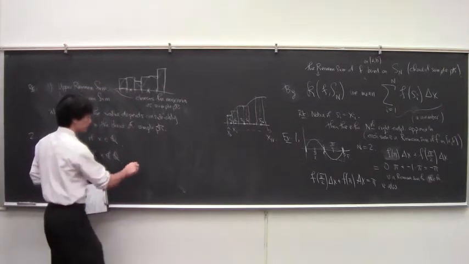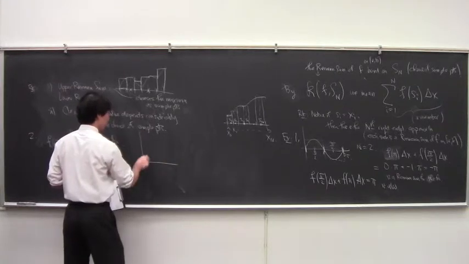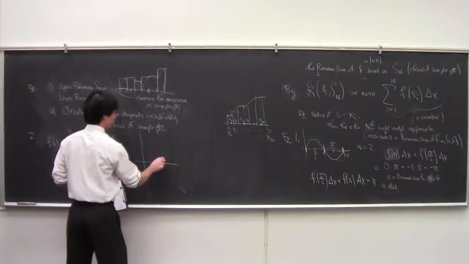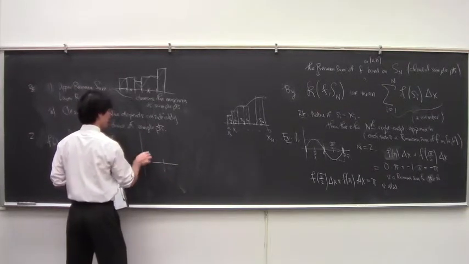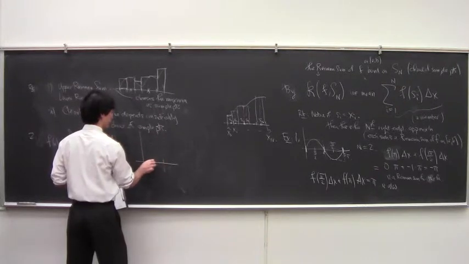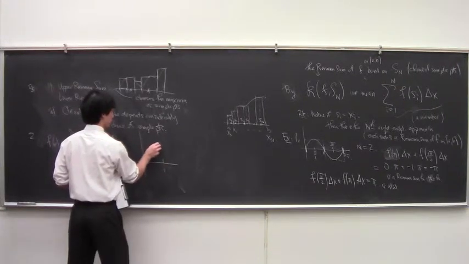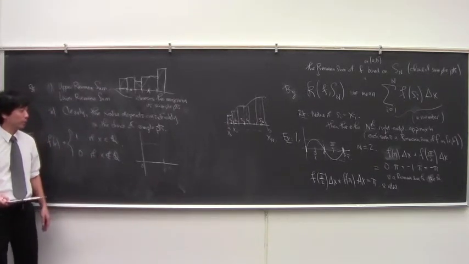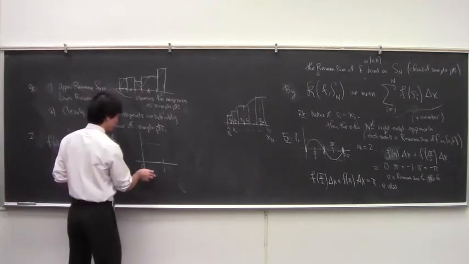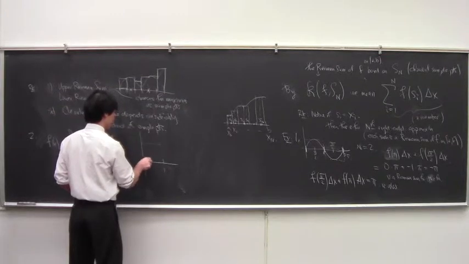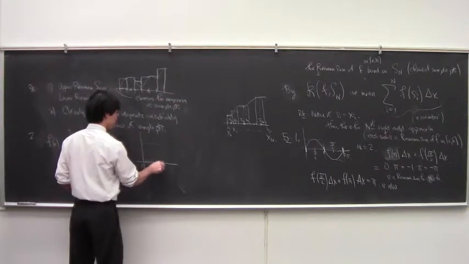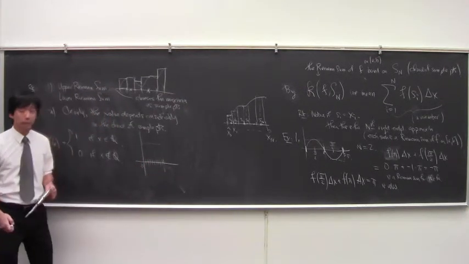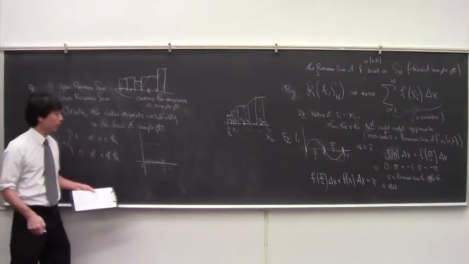Let's look at 0, 1. So it's 1 on every rational point and 0 on every irrational point. Let's suppose we divide the base into 10 parts.